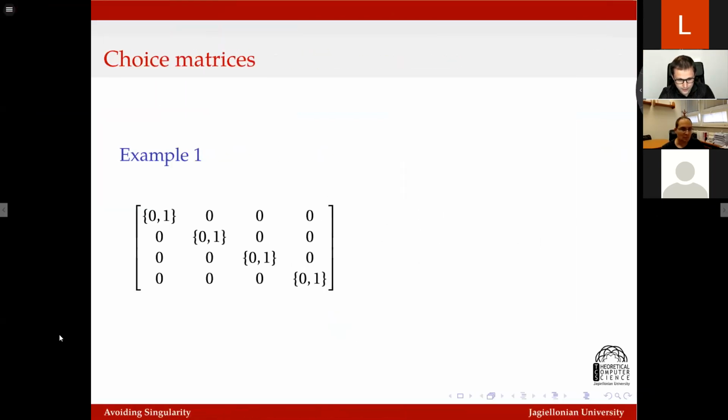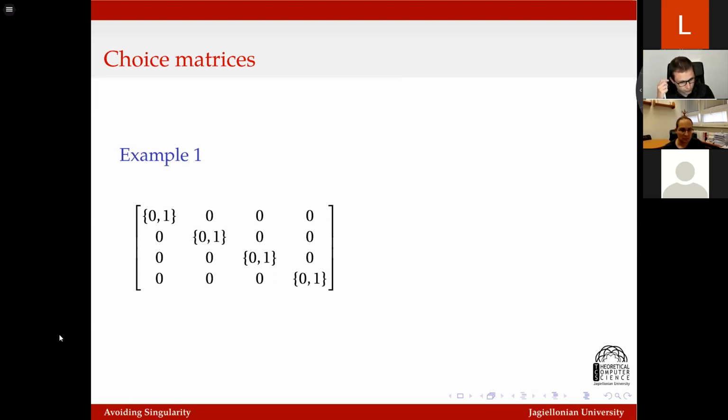There are some examples that I want to start with. In the first example, let's say that the field is just a two-element field, and all of the values are 0, and we have those blanks on the diagonal.